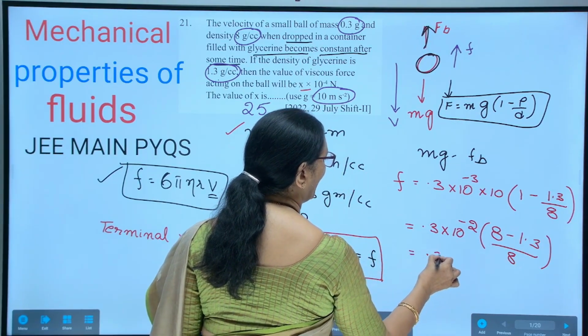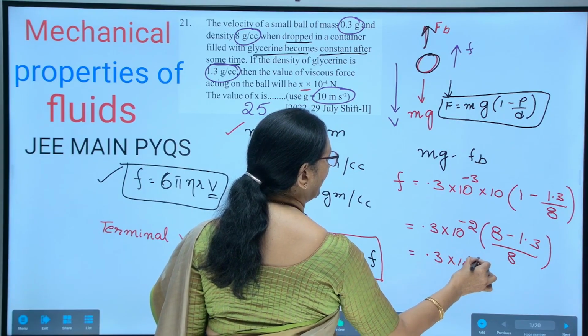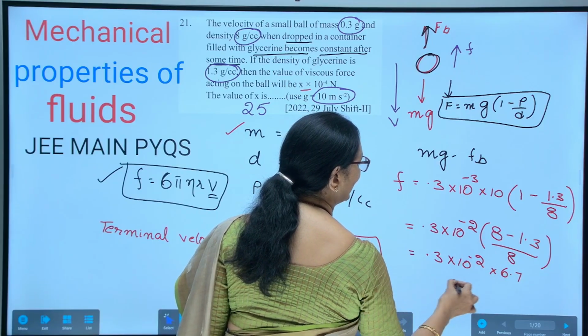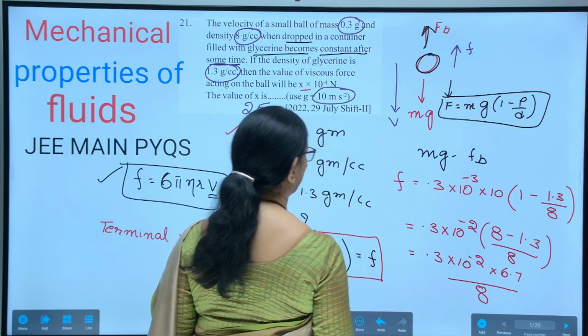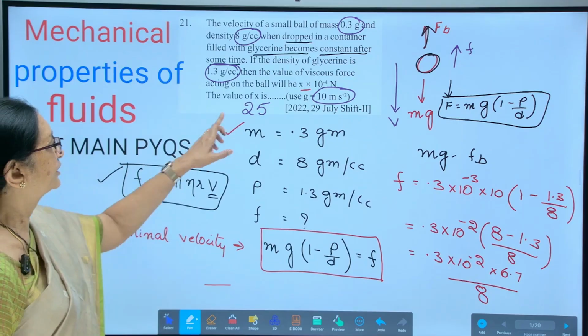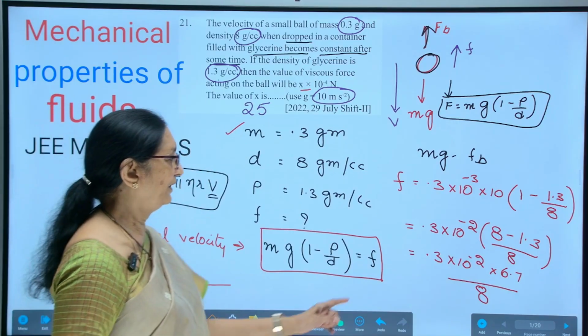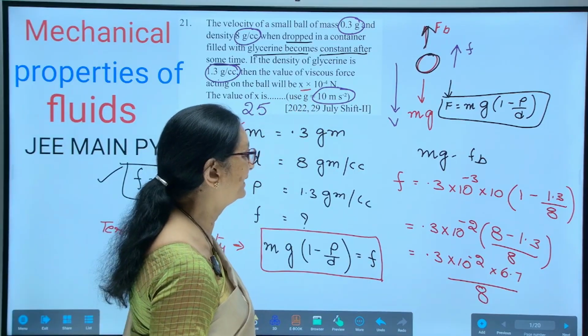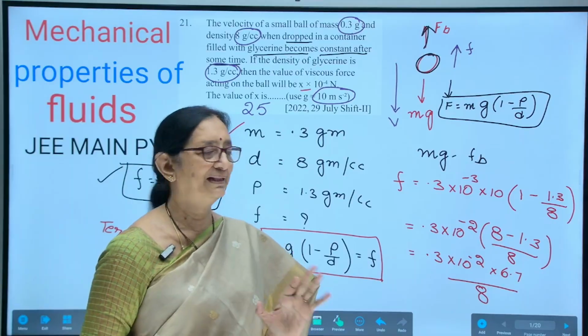So this is 0.3 into 10 to the power of minus 2, into 8 minus 1.3, which is 6.7, by 8. If you simplify that, you will get 25 into 10 to the power of minus 4. That is the answer.